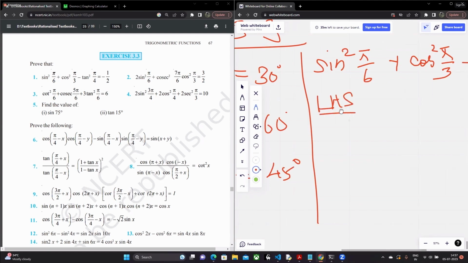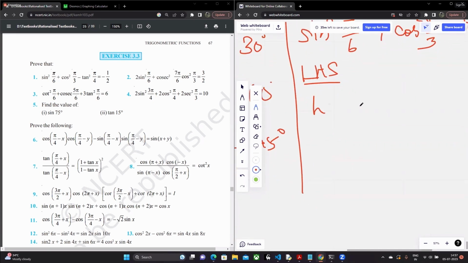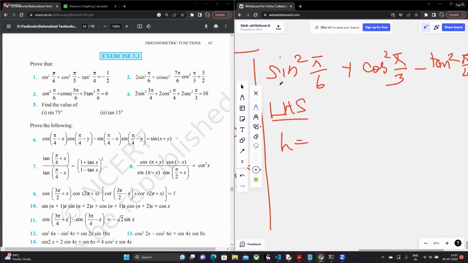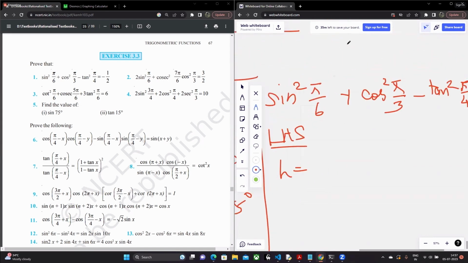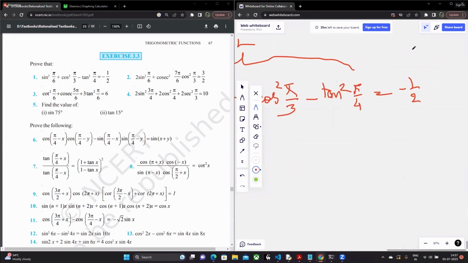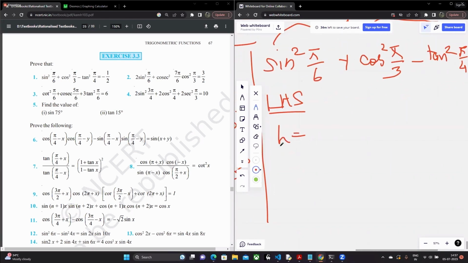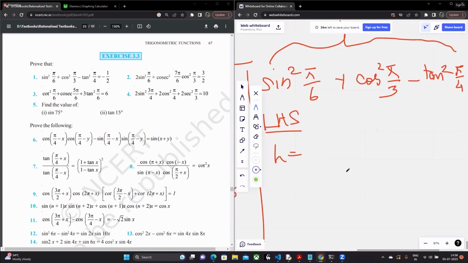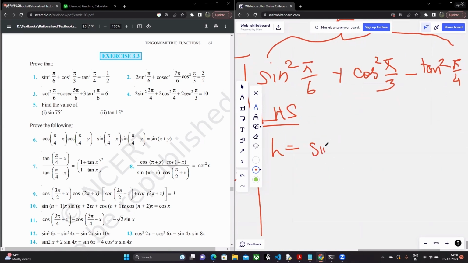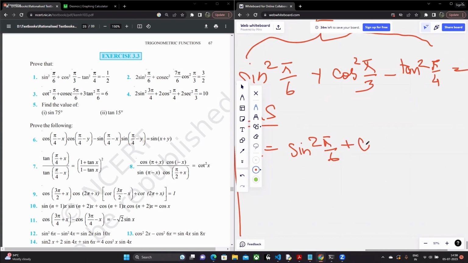Let the LHS be equal to L. This whole expression, let it be equal to L, and this value, let it be equal to R, just for simplicity's sake, for me to write an equation properly, right? So your L is going to be equal to sine squared pi by 6 plus cos squared pi by 3 minus tan squared pi by 4, right?